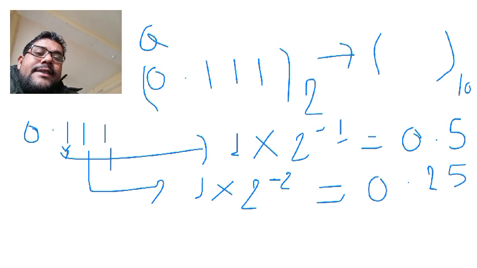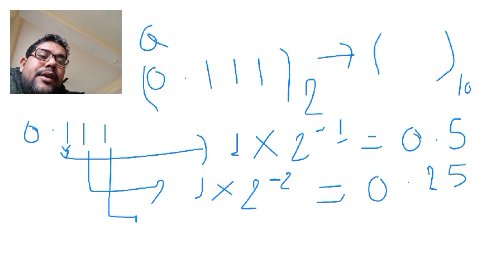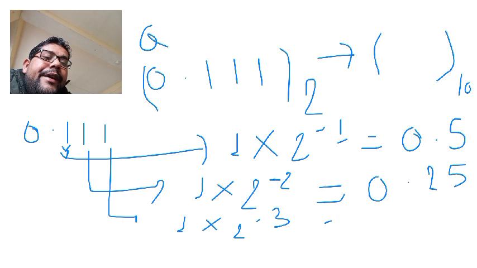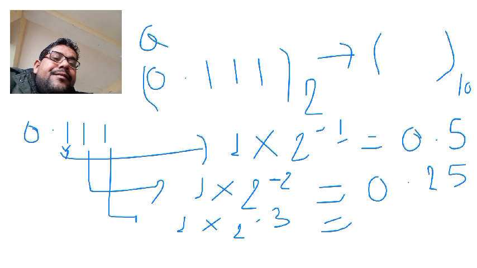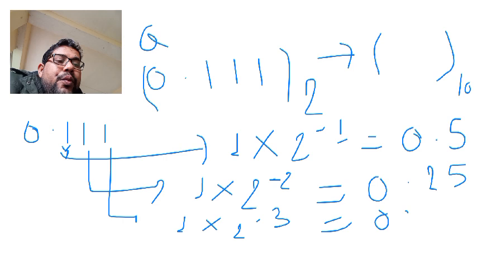Next we take the third number, 1 into 2 to the power minus 3, which is nothing but 0.125.